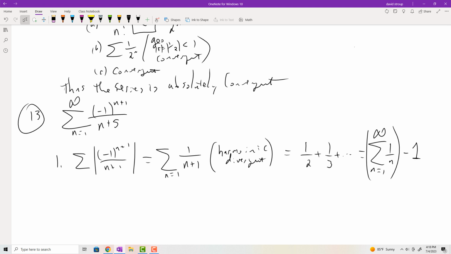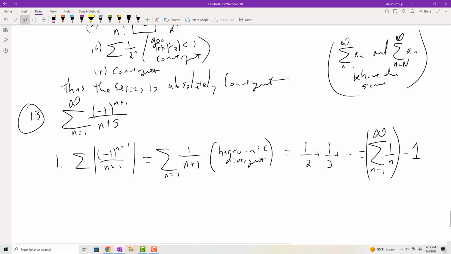I had a theorem that said if you have the series from n equals 1 to infinity of a sub n behaving one way, the series where you chop off or add a couple terms is going to have the same behavior. That's what I'm getting at in that statement.